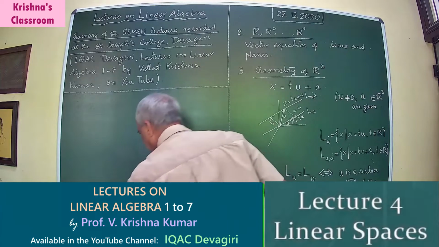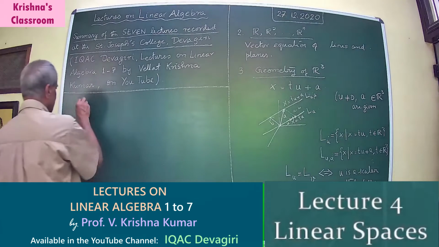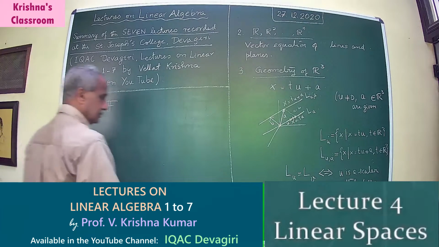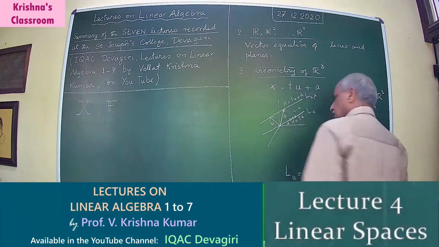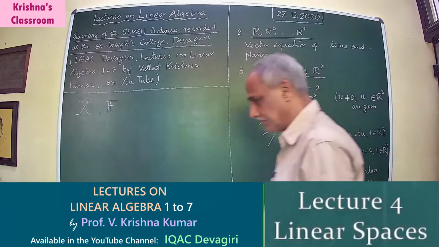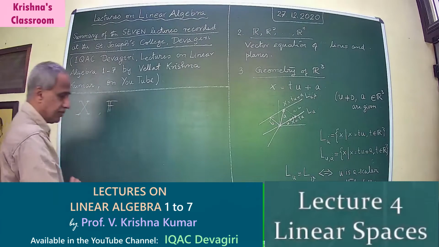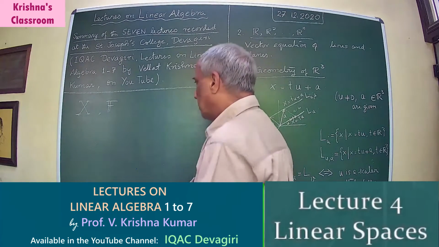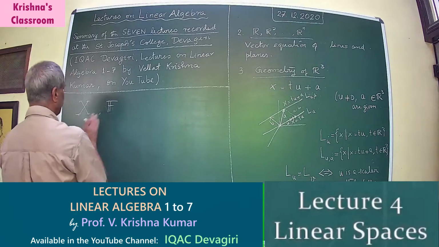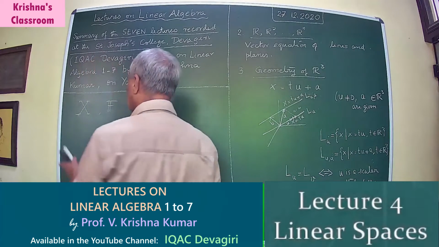In the abstract formulation, we have a set of objects X and a field F, where R and C are the fields that we generally use, and in general you can work with any field. This is about the fourth one.